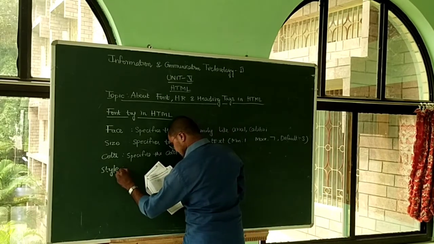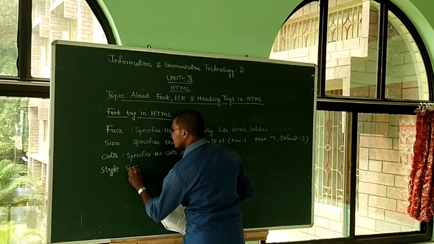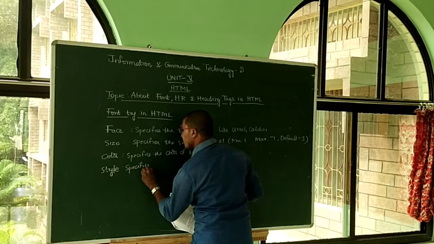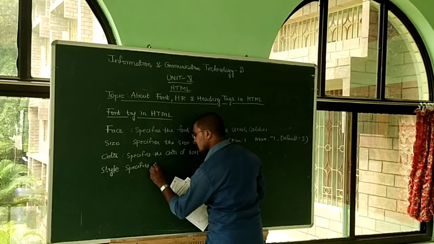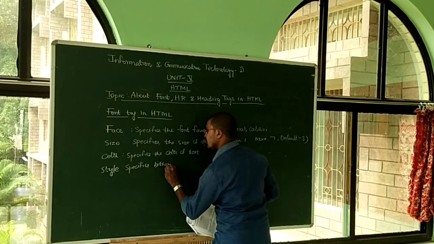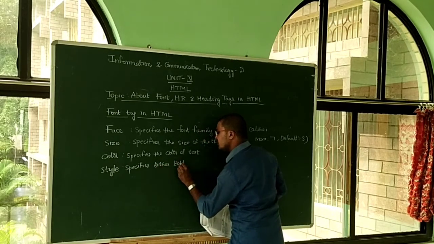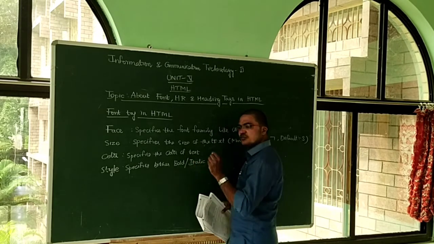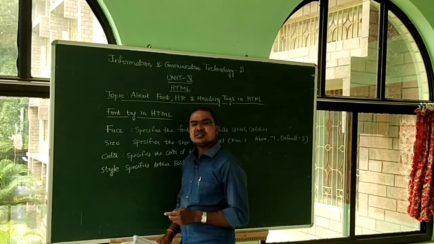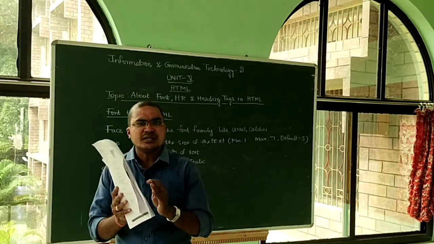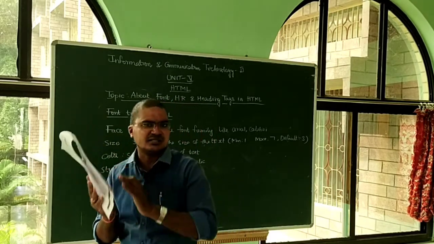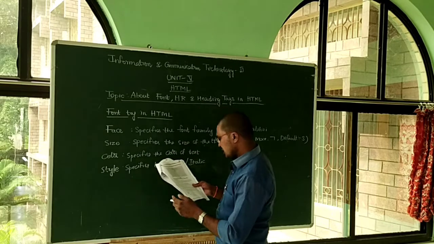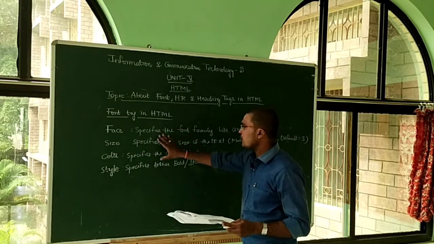And style specifies either bold or italic. You know the difference between bold and italic? Bold means the text always appears in dark face, and italic means the text appears in curves, right hand side curve. Okay, these all are the default font properties.